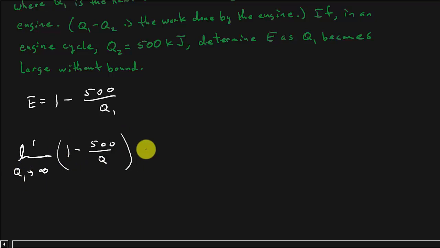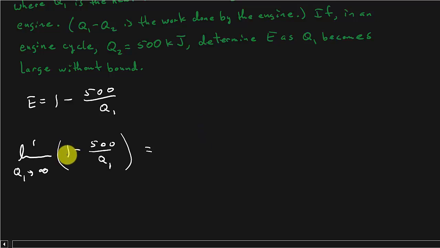And that's Q1 right there. So actually I can take the limit of each term individually. But let's just look at it like this. This is just 1, right?